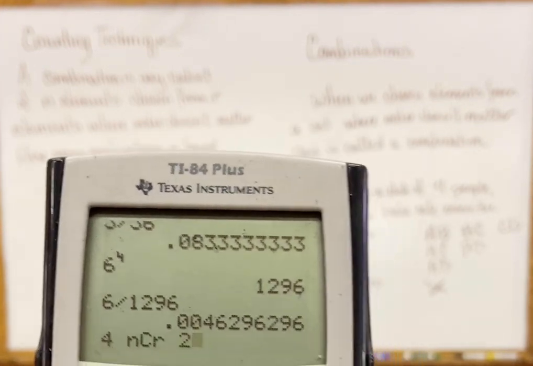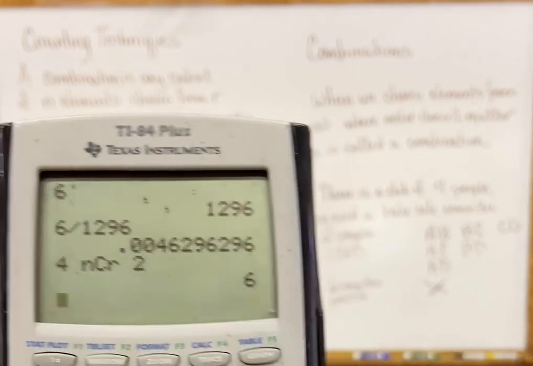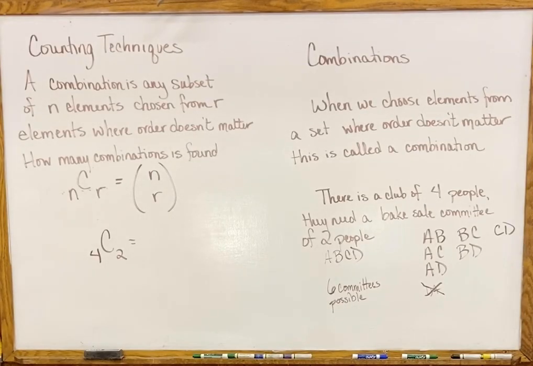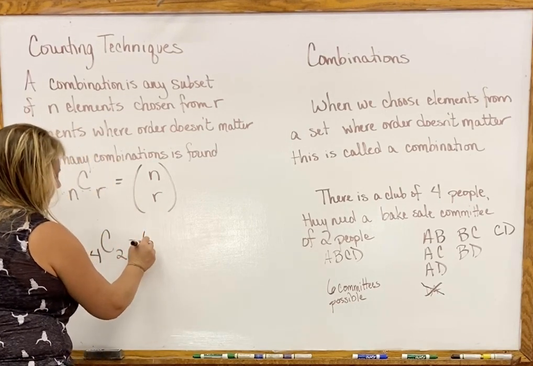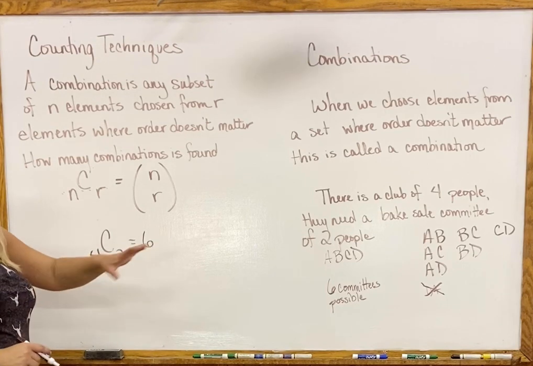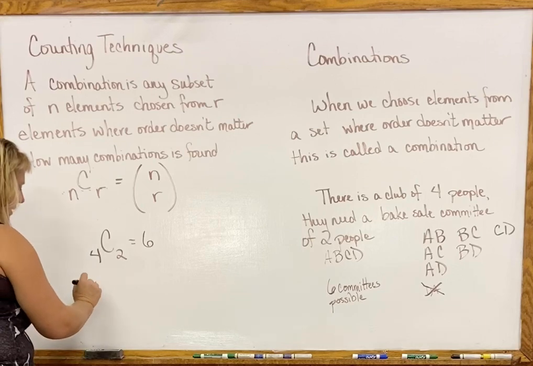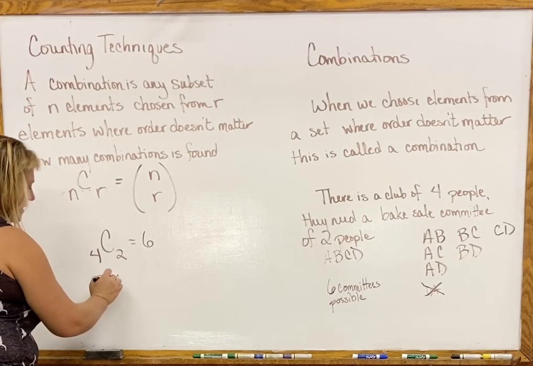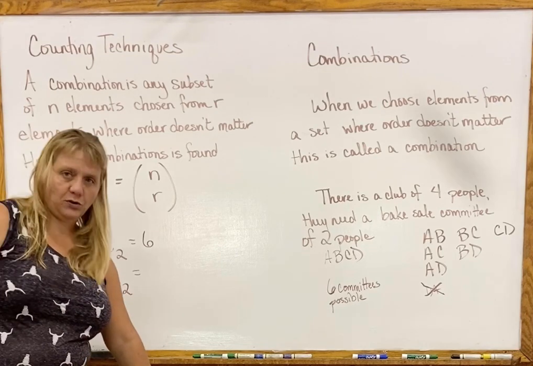Then don't forget to put your 2 in there and hit enter. And we got 6. All right, now that is not 6 because 4 plus 2 equals 6 or anything like that. That just happens to be a coincidence there.